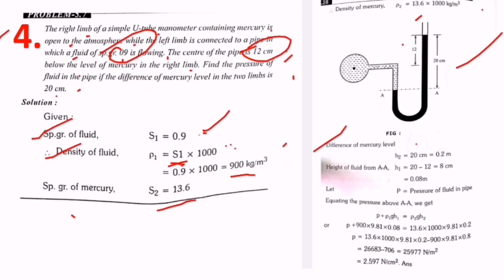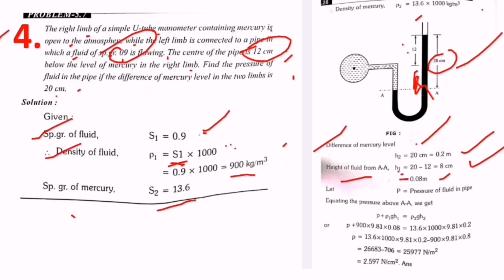So difference of mercury level, that is 20 centimeter, H2, we can take as 0.2 meters. So height of the fluid from AA is H1, that is 20 minus 12, this one is H1. So we will get 8 centimeters, that is 0.08 meter.